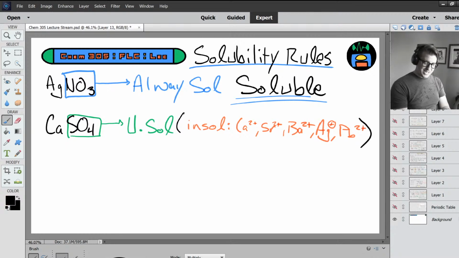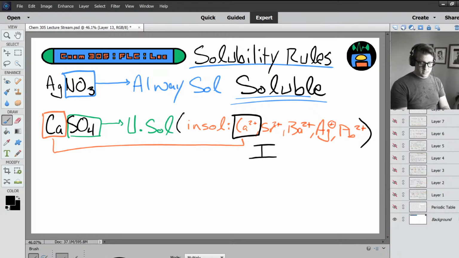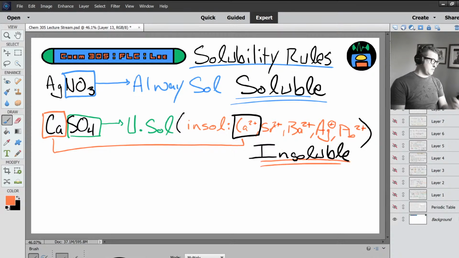All right, and even though sulfates are usually soluble, because calcium is on its insoluble list, we then say that calcium sulfate is insoluble in water.